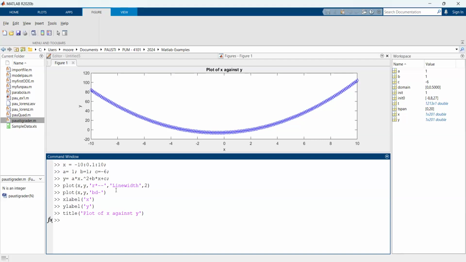But of course, the question really, what we want to do next is what happens if I want to use the same y that I've given here, y is equal to ax squared plus bx plus c, and now I want to change the parameters a, b, c. Do I have to go back again and type all these things again? Yes. And that is why we have something we call functions.